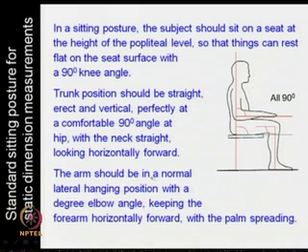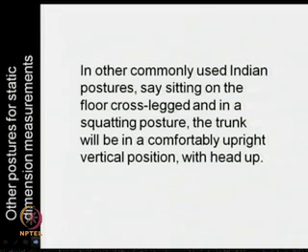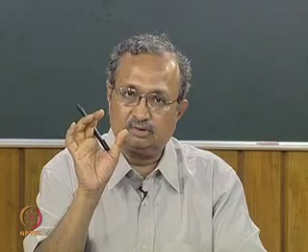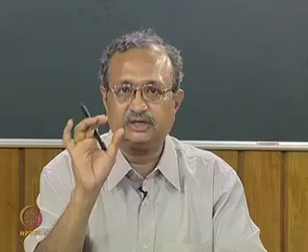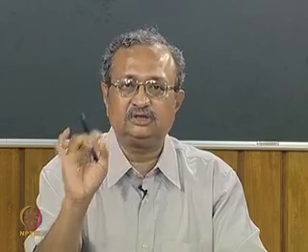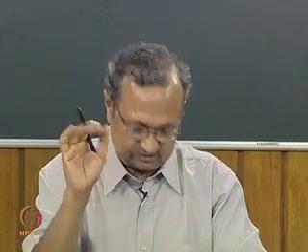The arm should be in a normal lateral hanging position with a 90-degree elbow angle, keeping the forearm horizontally forward with the palm spreading. So, this is the standard posture for static sitting measurements in a sit desk posture.